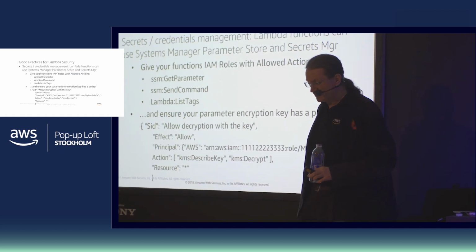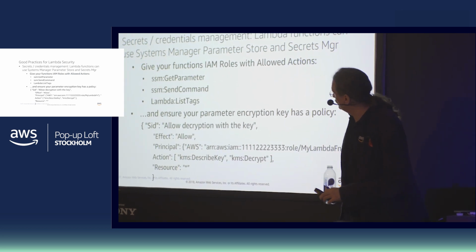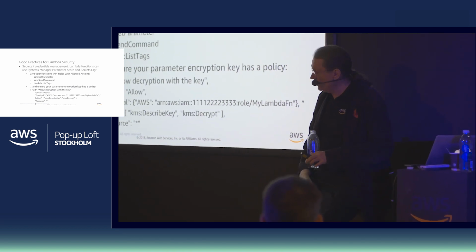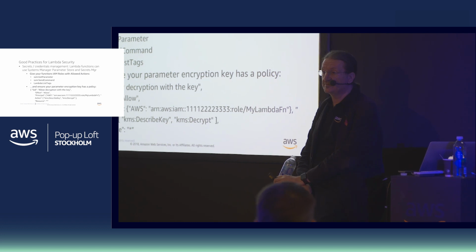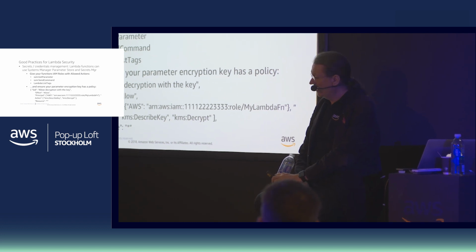Now, I said I was going to talk a little bit about credentials management. We have two options. One is Secrets Manager, the other is Systems Manager Parameter Store. And there has been a bit of confusion as to which does what and which is best for what purpose.